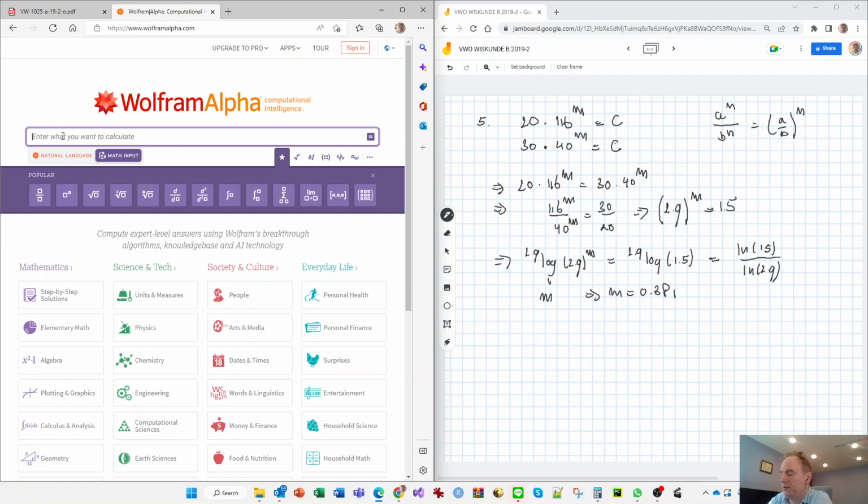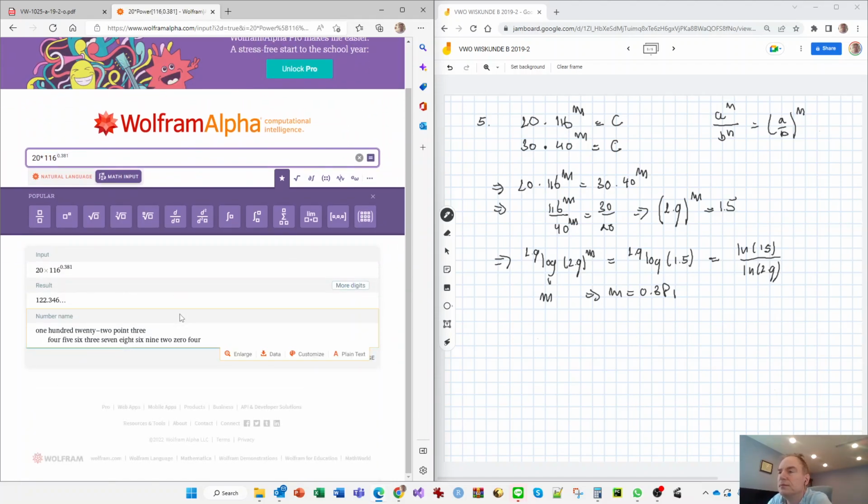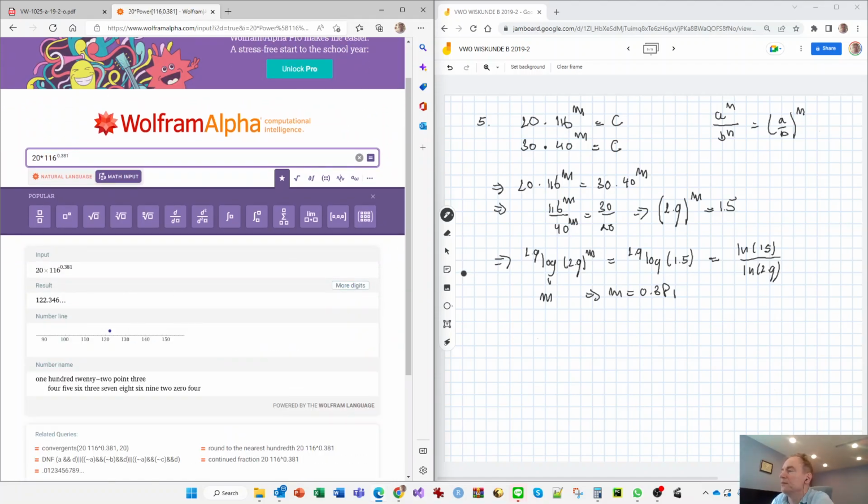So we get 20 times 116 to the power of 0.381. So C is 122 if I approximate it to a whole number.